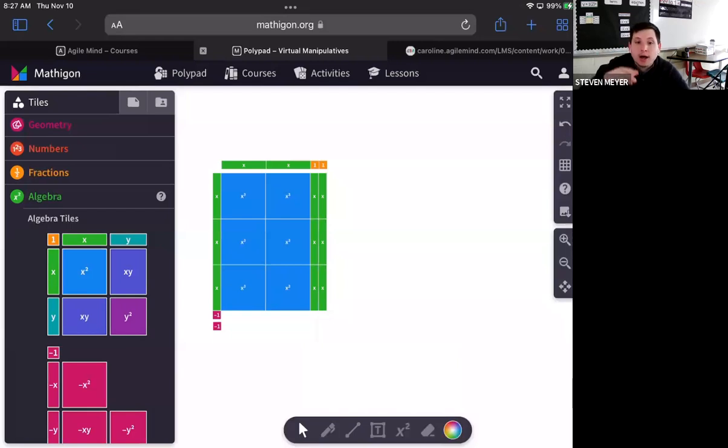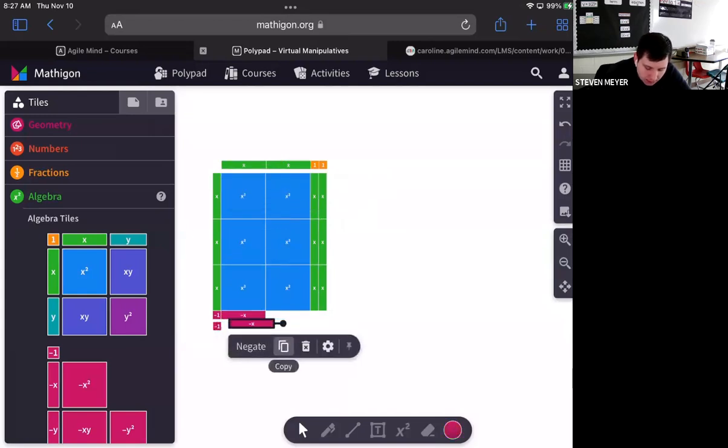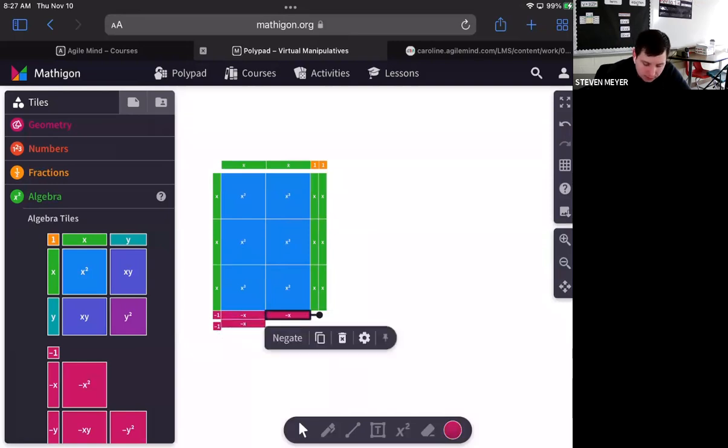So then on the bottom, I have the x on top times a negative 1. x times negative 1 is negative x. And I can fit 1, 2, 3, 4 of them here.